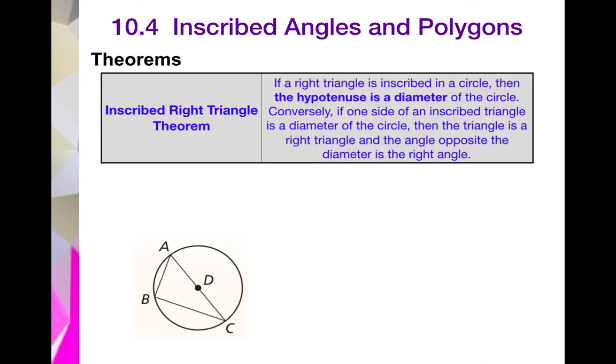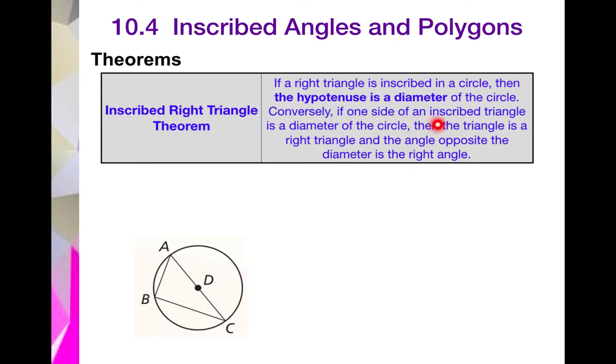The inscribed right triangle theorem says that if a right triangle is inscribed in a circle and the hypotenuse is a diameter, so here's the hypotenuse, is a diameter of the circle, then this must be a right angle because it's 90 degrees where the intercepted arc is 180 degrees.